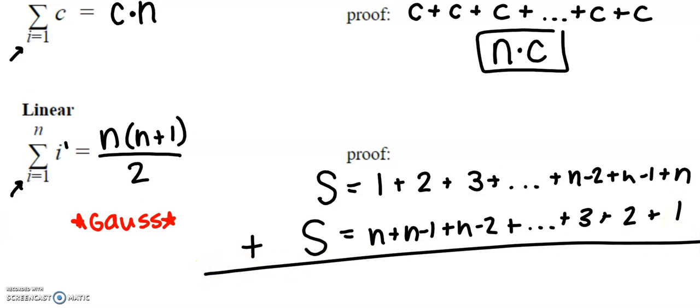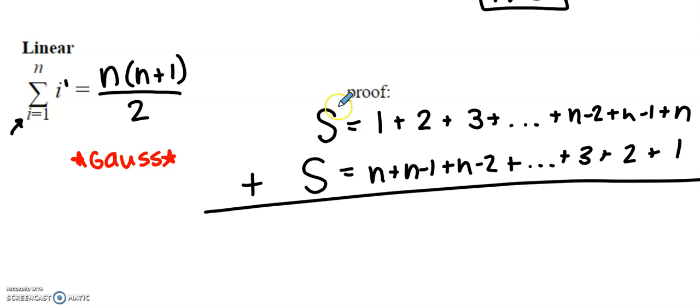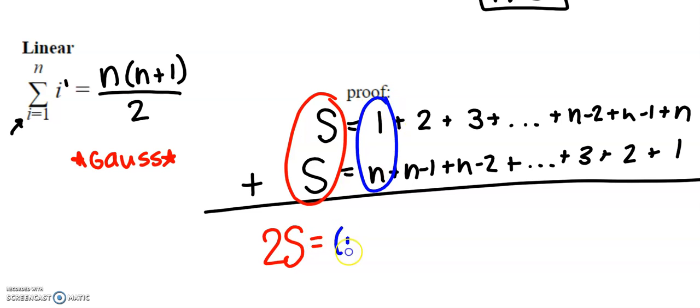Thinking about this as one giant addition problem, if I add these two things together, I get 2s. If I add these together, I get n plus 1. If I add these together, I get another n plus 1.